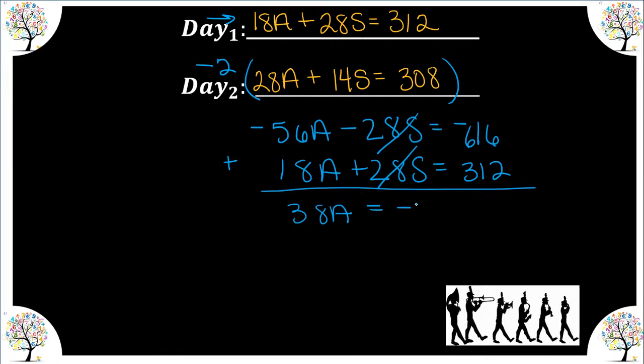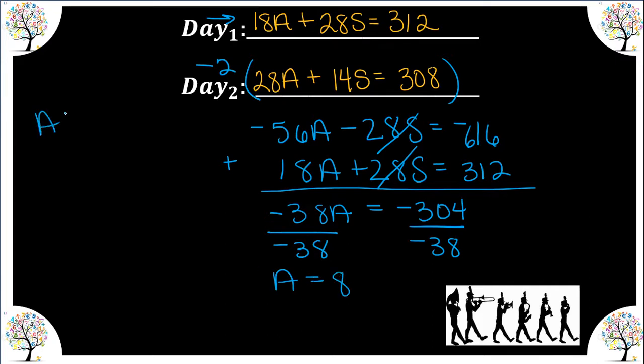We get -38a equals -304. Let's divide by our -38 to see the price of adult tickets. And that's going to be $8.